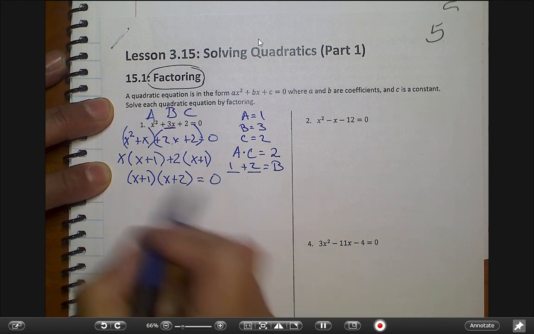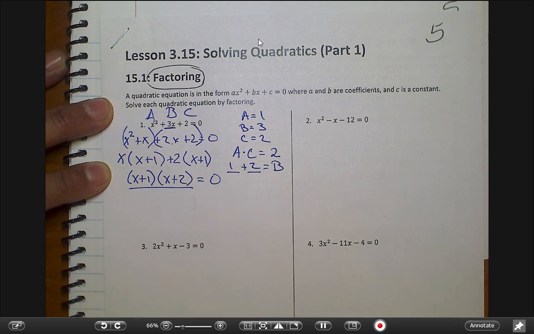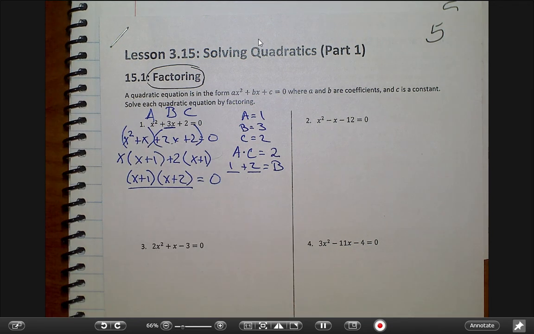Now, since I've already told you guys how to do this and I showed you how to do this, let's verify this using my calculator. Verify using the calculator. This is the same thing that we did last couple days, right?